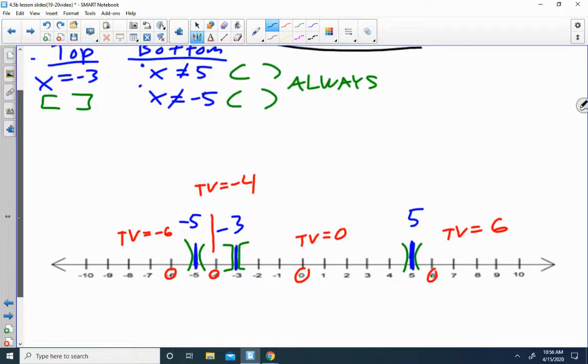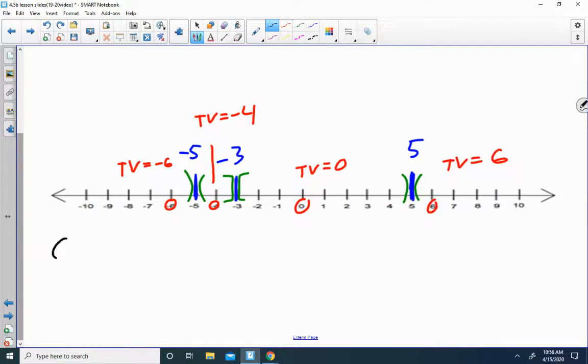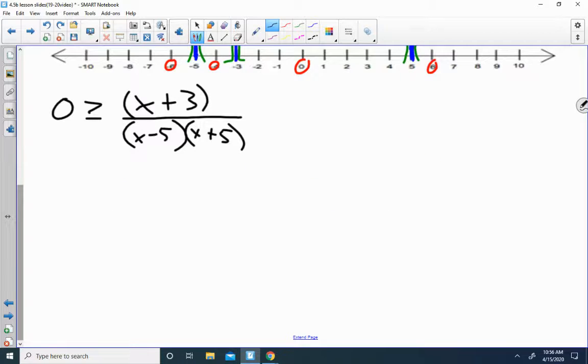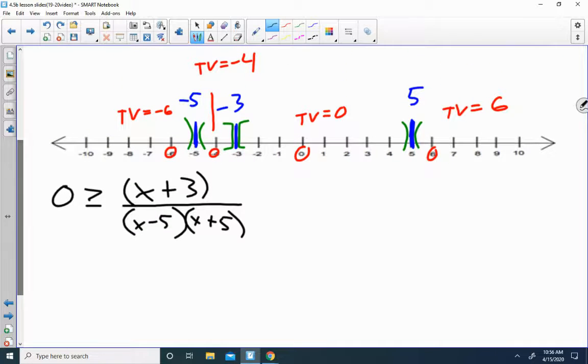So let's do it. 0 greater than or equal to (x plus 3) all over (x minus 5)(x plus 5). Okay, looking good. All right, so again, let's plug and chug and let's see what happens.